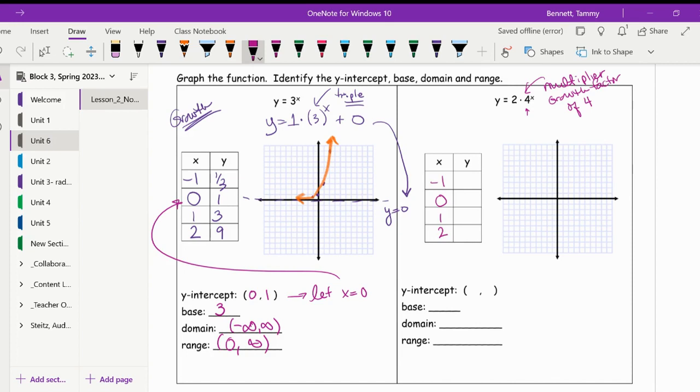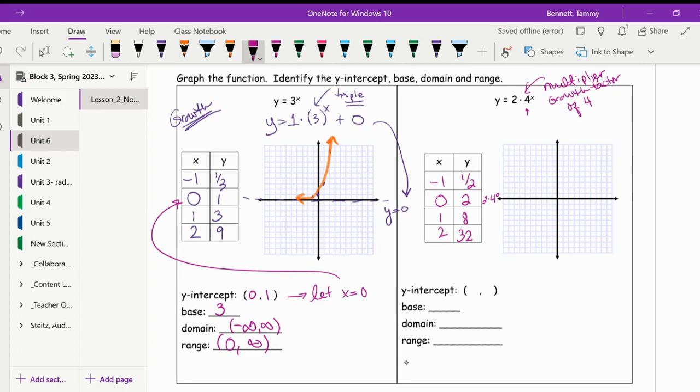So 2 times 4 to the -1 would be 2 times 1/4, which would be 1/2. 2 times 4 to the 0. Well, 4 to the 0 is 1. 2 times 1 is 2. 4 to the first is 4, times 2 is 8. 4 to the second is 16, times 2, 32.